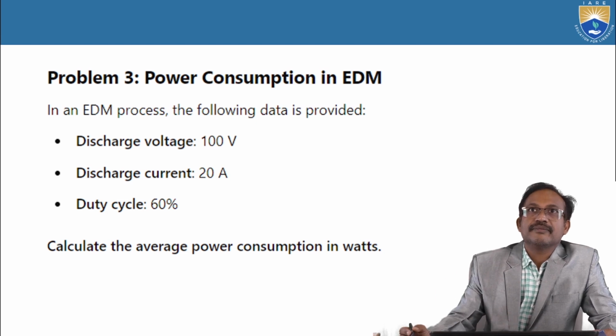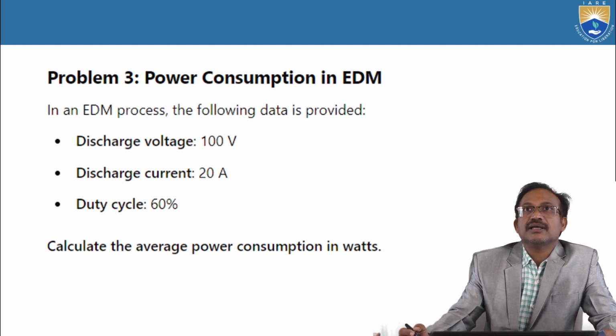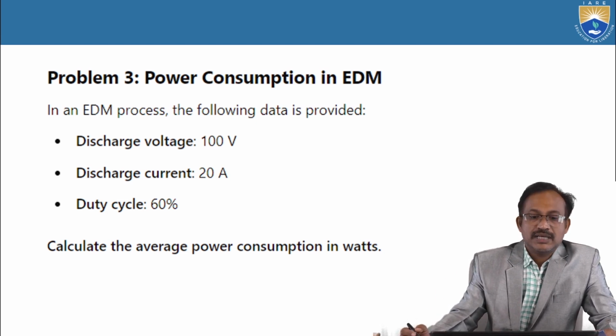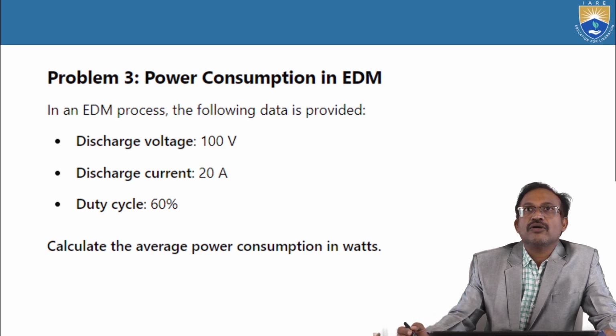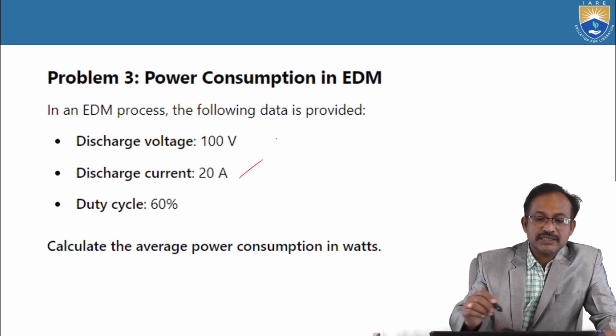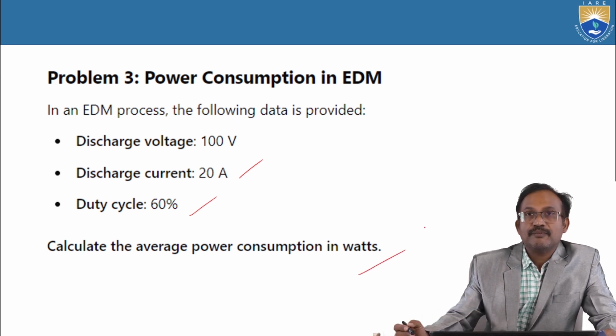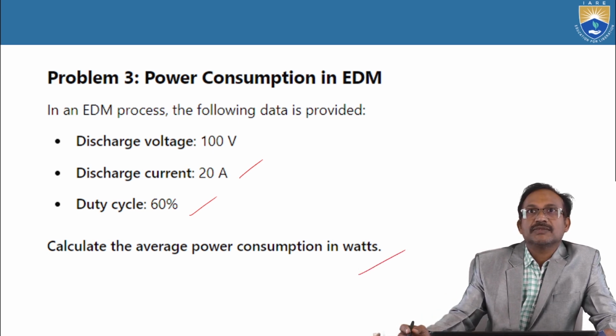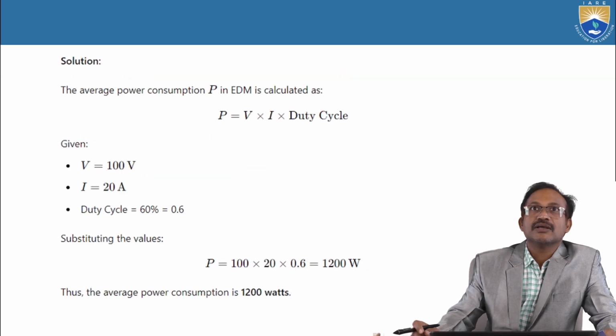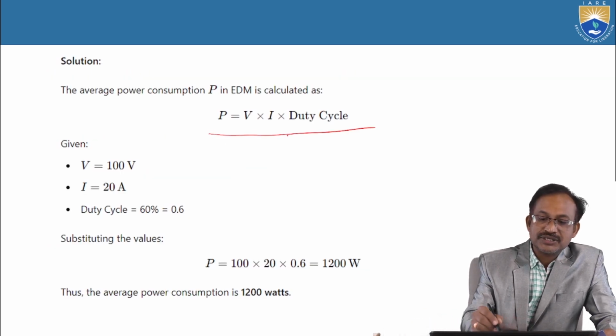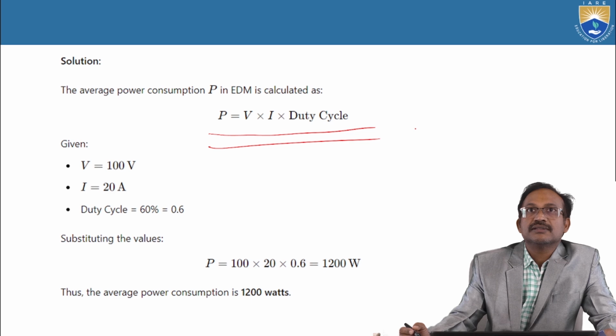Now problem 3. Power consumption in an electro discharge machine. In an EDM process, the following data is provided: discharge voltage 100 volts, discharge current 20 amperes, duty cycle 60%. Calculate the average power consumption in watts. For power consumption, the formula is V × I × duty cycle.